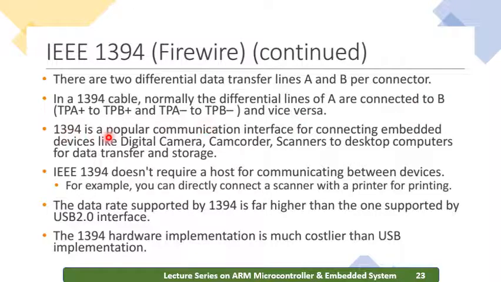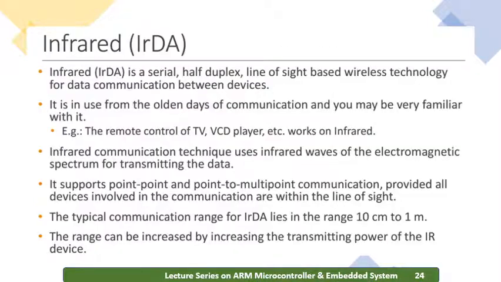And the 1394 is a popular communication interface for connecting embedded devices like digital cameras, camcorders, scanners to desktop computers. They don't require a host for communicating between the devices, and it is much costlier compared to the USB implementation.